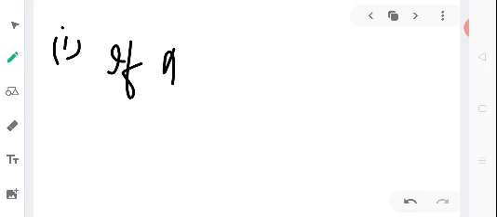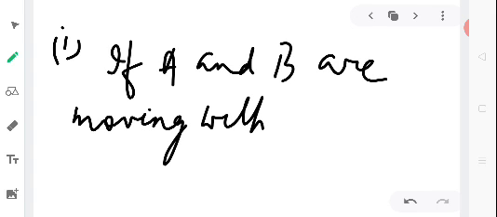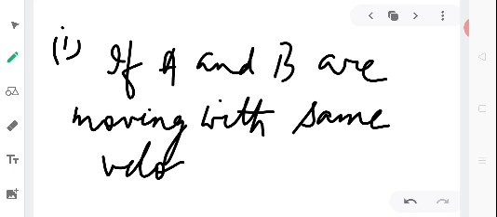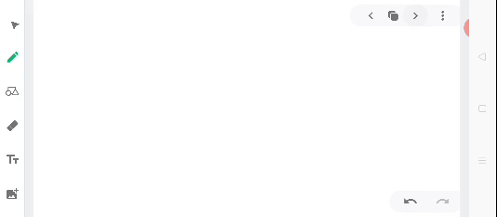If the two objects A and B are moving with same velocity, that is, V1 is equal to V2, or you can say V2 minus V1 is equal to 0. Then what shall we get?